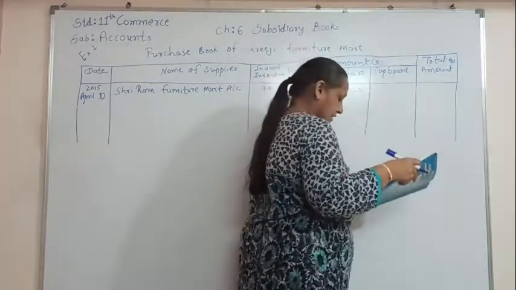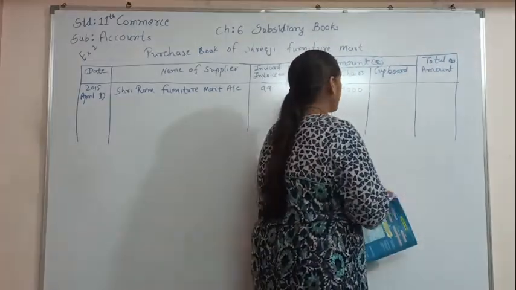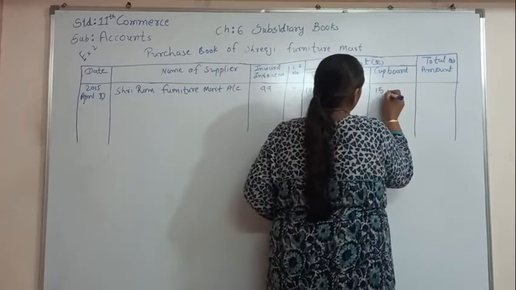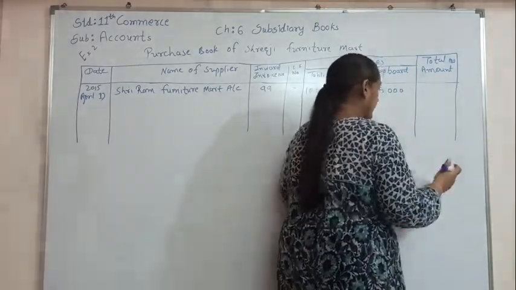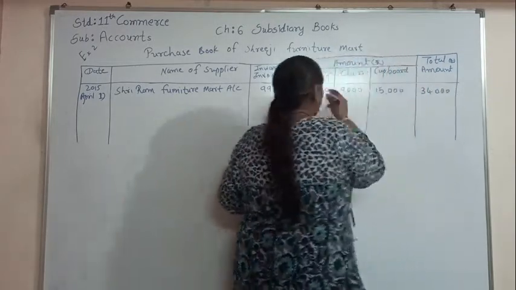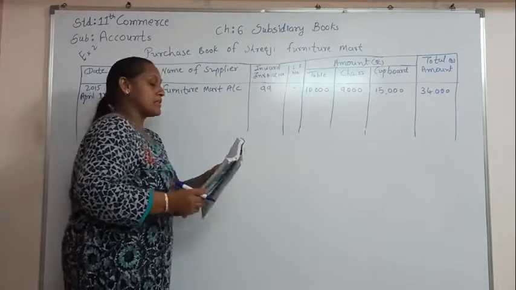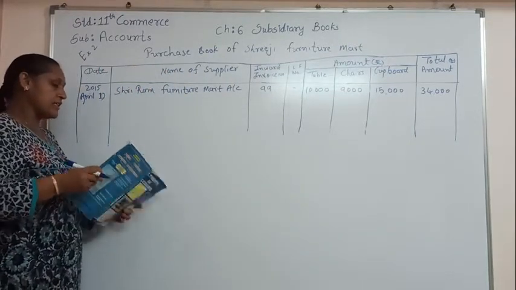And lastly 5 pieces of cupboard at 3,000 per piece, so that will be 15,000. So the total of this will be 34,000. So this is how we are supposed to prepare the column or purchase book. Now let's see the next transaction. Next is on page number 5.